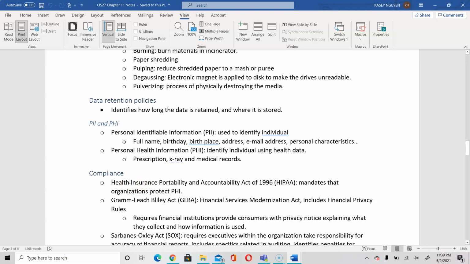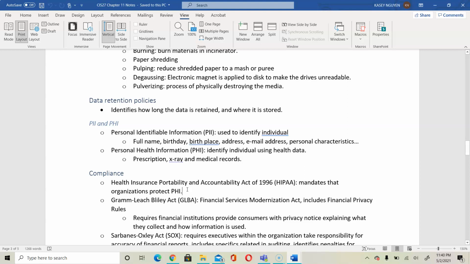So healthcare providers, healthcare facilities, health insurance providers, and any institutions that store PHI have to fulfill the Health Insurance Portability and Accountability Act of 1996, which is HIPAA. It mandates that organizations protect PHI, and all the records need to be digitized and protected.